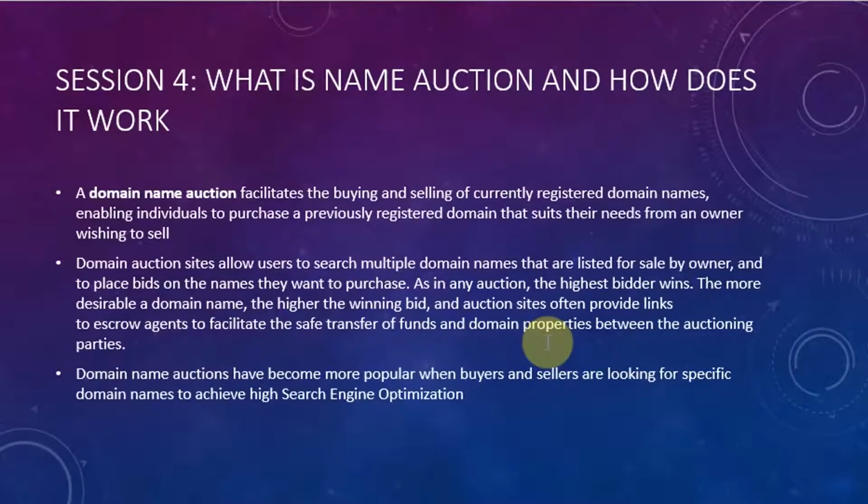So how this kind of business works traditionally is there has to be a middleman, like an escrow agent, where this intermediary will act as an escrow between the seller of the domain name, the buyer of the domain name, and then probably the auctioning site that is providing this service, to facilitate safe transfer of funds and the domain properties. So that's how it works.